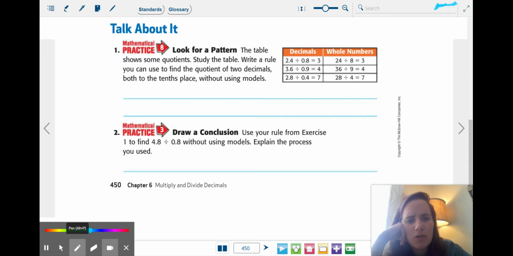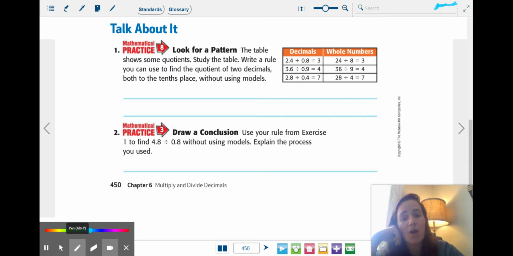Okay, so 2 and 4 tenths divided by 8 tenths equals 3. 3 and 6 tenths divided by 9 tenths equals 4. 2 and 8 tenths divided by 4 tenths equals 7. Well, if we think about it as whole numbers, 24 divided by 8 equals 3, and so on. So if we're dividing a decimal number that goes to the tenths place by some group of tenths, we can just look at that as math facts that we know as whole numbers, right?